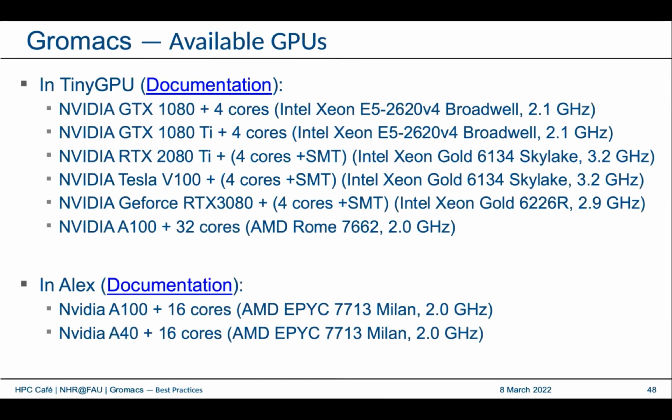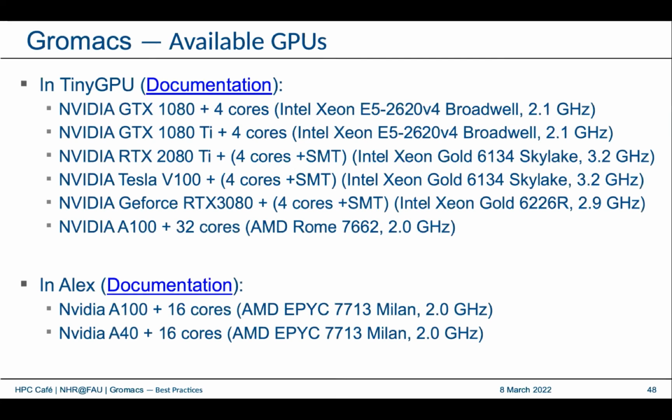We have these GPUs available in our clusters. I've included the link to our documentation here. On TinyGPU, we have the GTX GPUs with 4 physical cores, and that's why you should use NT-OMP 4 in this case.